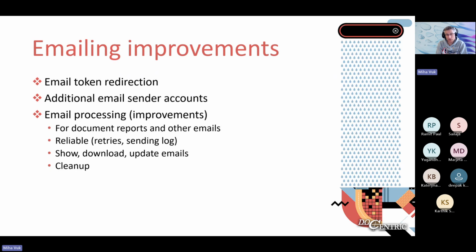It is standard functionality, but we improved it so that it now works for document reports and also for other emails, and that way it's more reliable. Retries are implemented, and there is a sending log. In case of problems, you can troubleshoot and update the emails there. We also provide cleanup for storage, for capacity concerns.